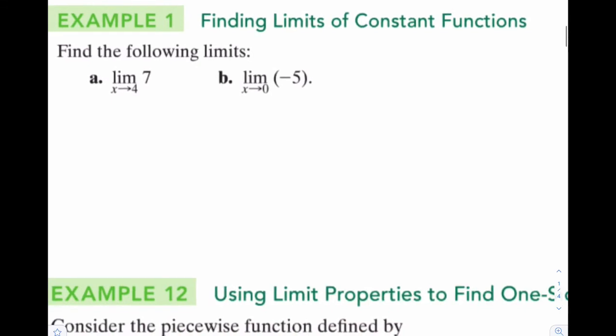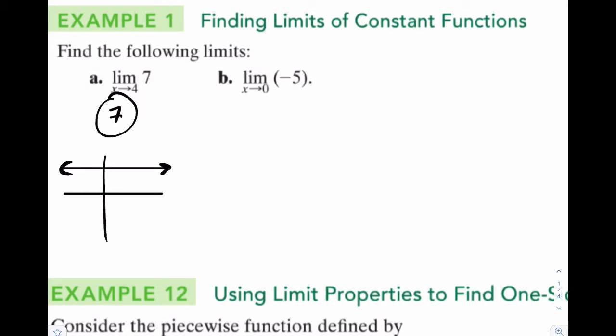Now we go here. Notice how for these, it's a constant function. So it says limit as x approaches 4 of 7. Now notice if you plug in the 4 for x, there's nothing that can happen here, right? There is no x, which means the limit is simply 7. That should make sense because if you imagine the graph, the constant function is just a horizontal line.